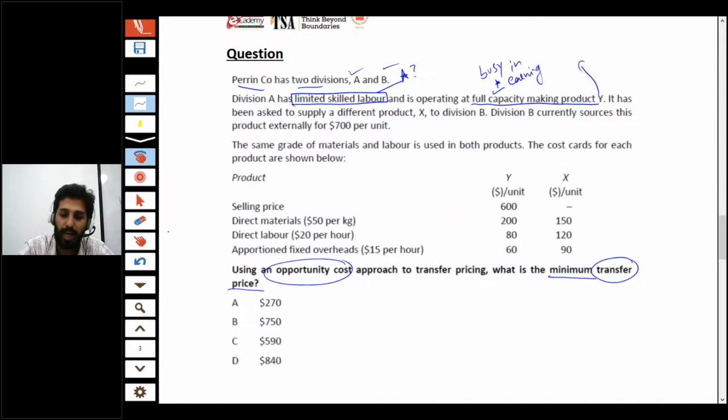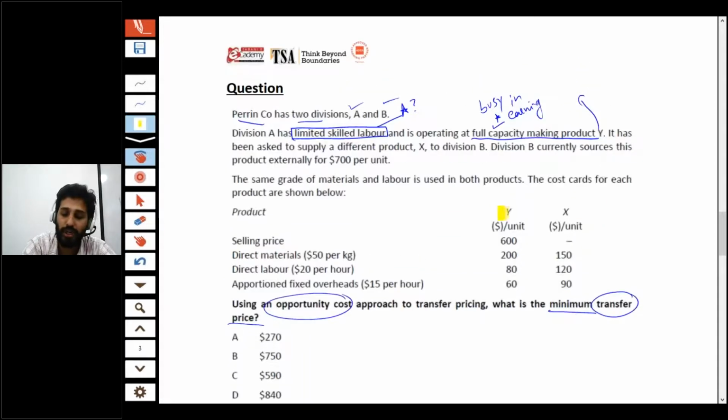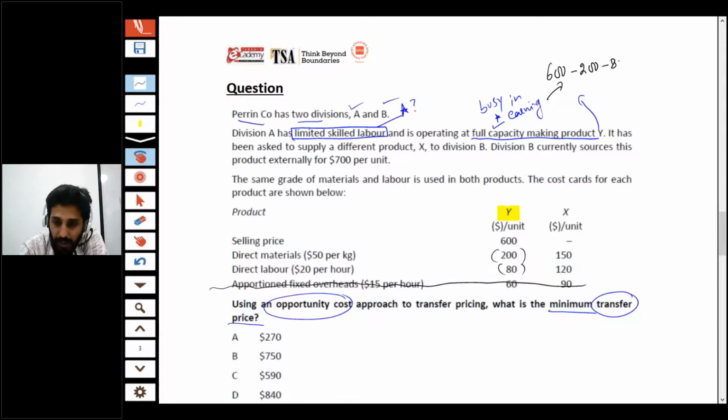So you need to calculate the contribution immediately from product Y. Fixed cost is not relevant, and immediately calculate the contribution from Y, that is 600 minus 200 minus 80.